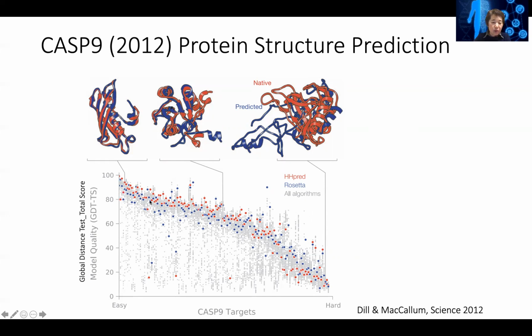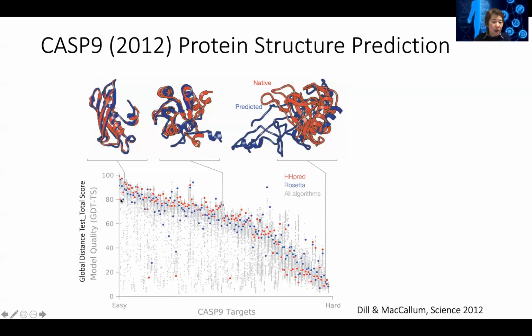And here shown in two different colors are the overall best two predictors. One is HHpred, the other is Rosetta. And you can see in the easy targets, they can predict. And so usually the measurement of whether something is predicted well or not is called global distance test, which evaluates the agreement between the prediction and the truth, or the native proteins that are solved from experimental approaches.